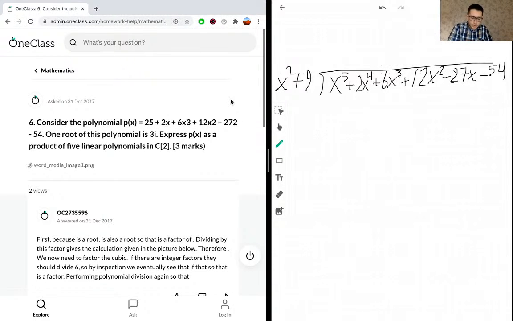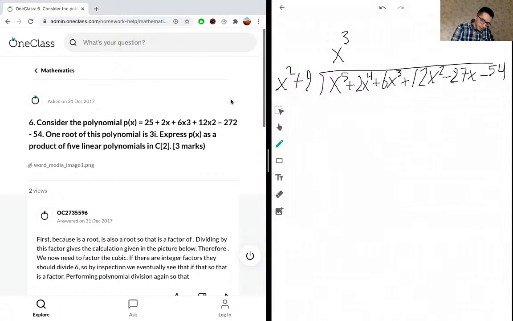So to complete long division, we have to think about what we can multiply x squared, so this value, by to get x to the power of 5. So we can multiply this by x to the power of 3. So we can write x to the power of 3 above.